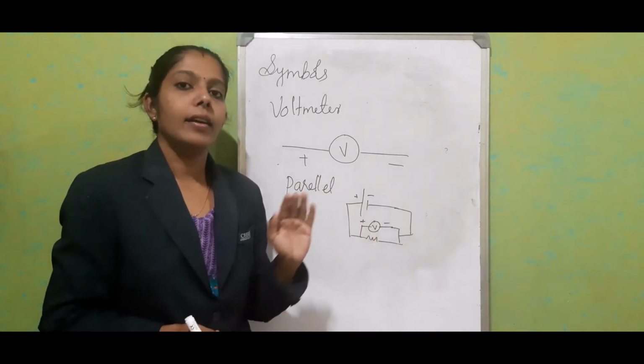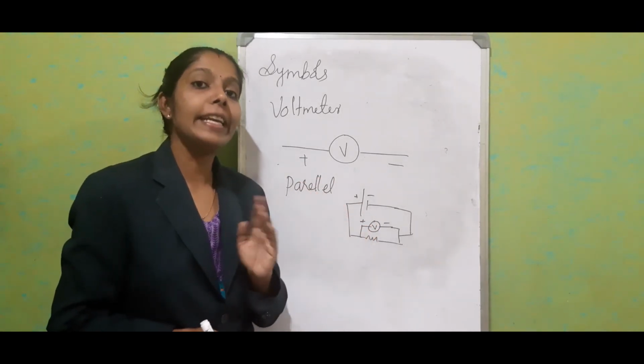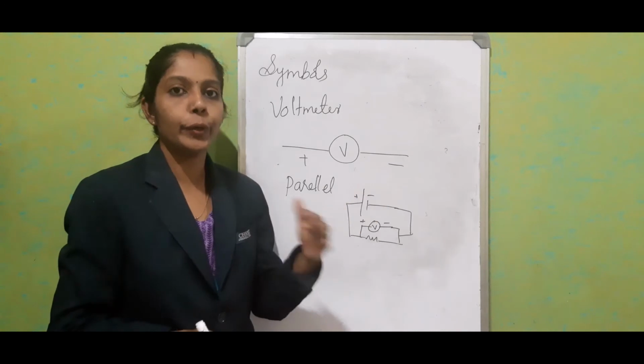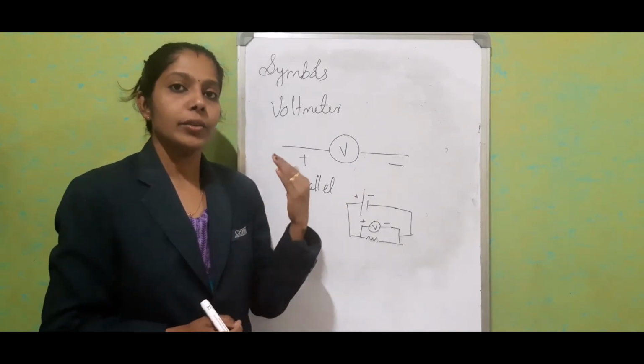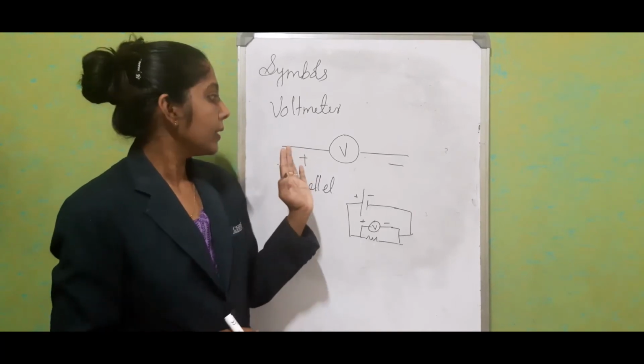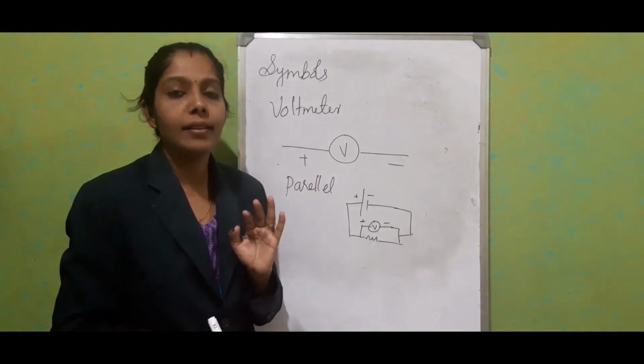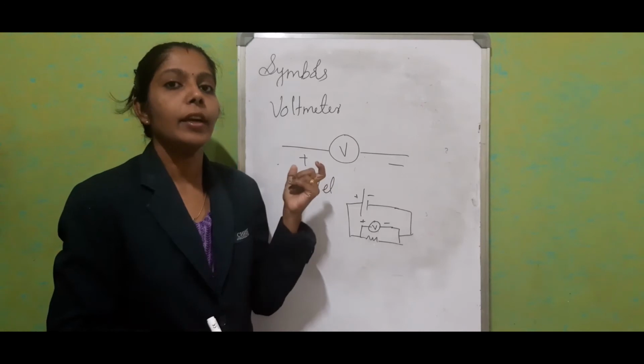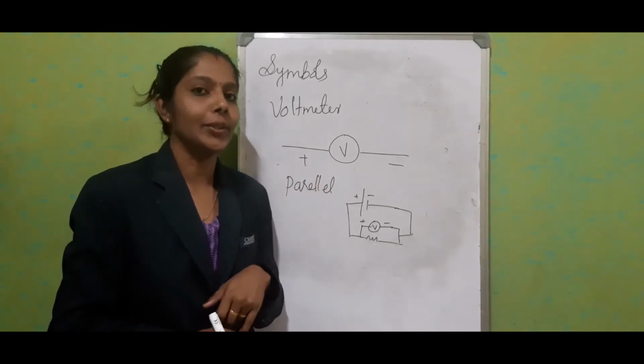In the same way, the needle will show the deflection according to the variation of the voltage, starting from 0 on the left side. So these are the symbols we use to represent a voltmeter in the circuit.